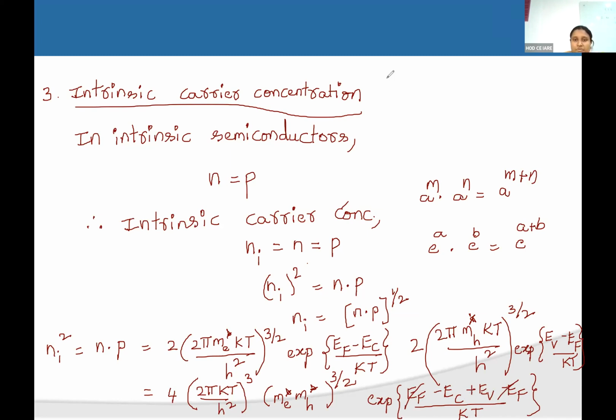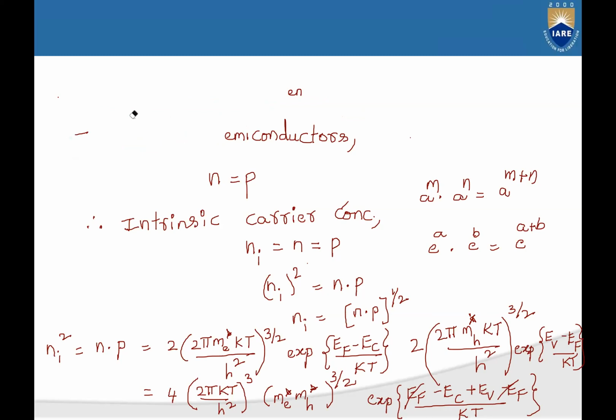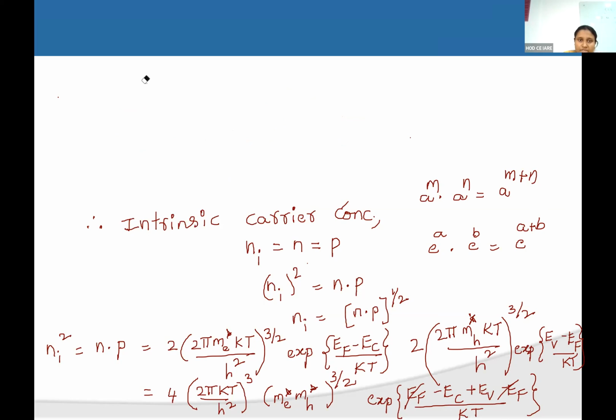Okay, students. So I'm going to write this again. We'll just finish this and then we'll stop our class. So what is our Ni square now? Our Ni square is the square of the intrinsic carrier concentration.